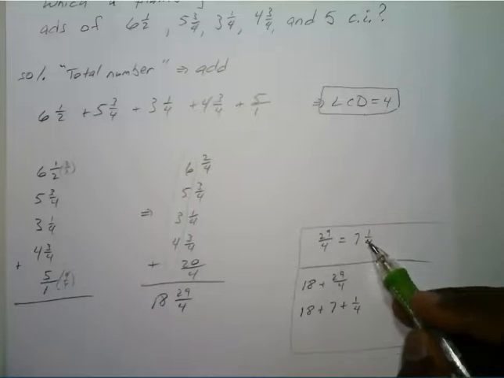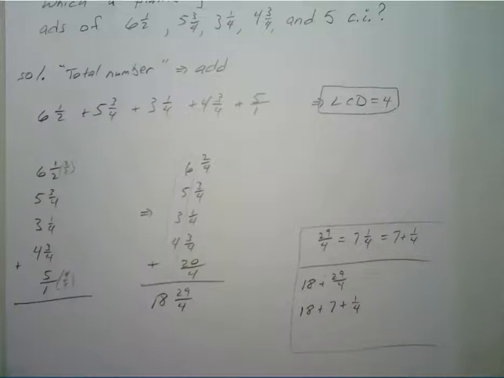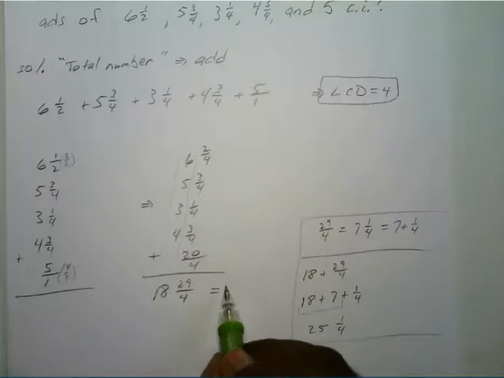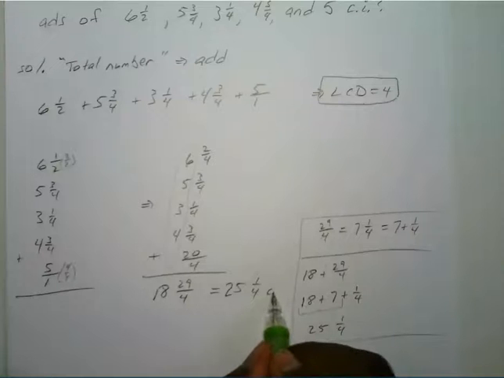Because remember, 7 and 1/4 is just 7 plus 1/4. Okay, so if we add our two whole numbers, that gives us 18 plus 7, which is 25 and 1/4. So this gives us a final answer of 25 and 1/4 column inches.